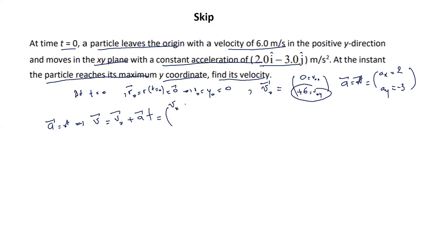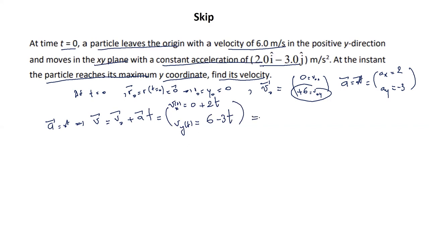That means vx is equal to v0x, which is 0, plus axt, which is plus 2t. And vy at any time will be v0y, which is 6, plus ayt, so minus 3t. This is my velocity along x, this is my velocity along y.